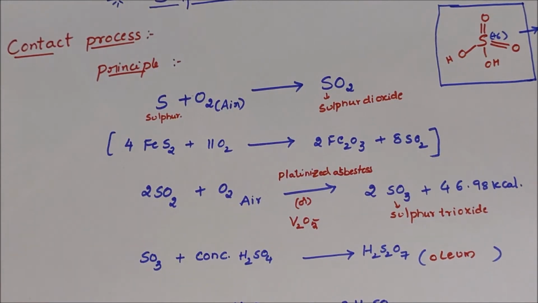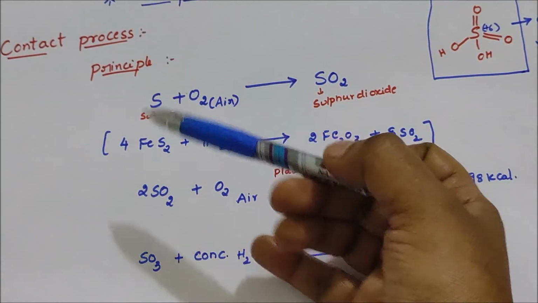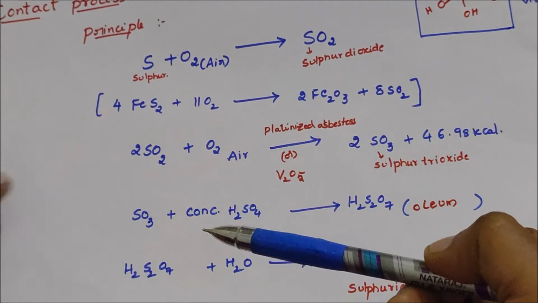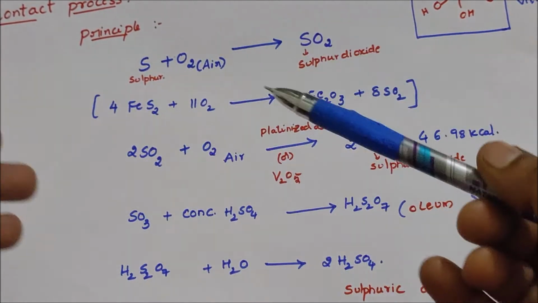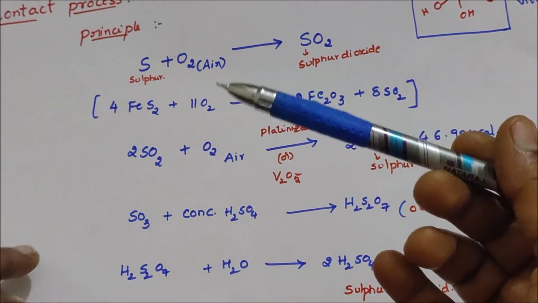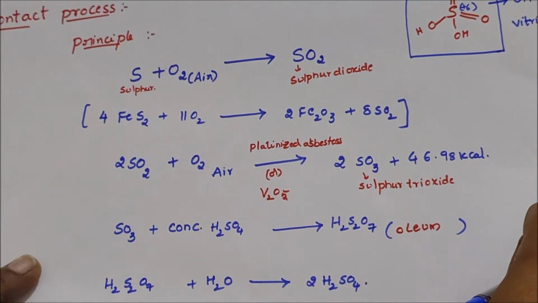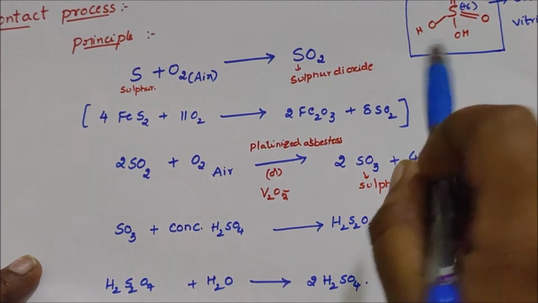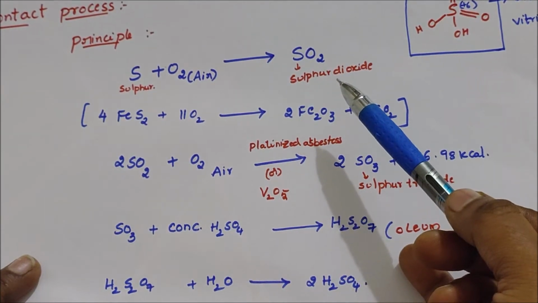Manufacture of sulfuric acid by the contact process. In the contact process, the principles are in three steps, and these three steps play a very important role in preparing sulfuric acid. In the first step, SO2, sulfur dioxide, is obtained.